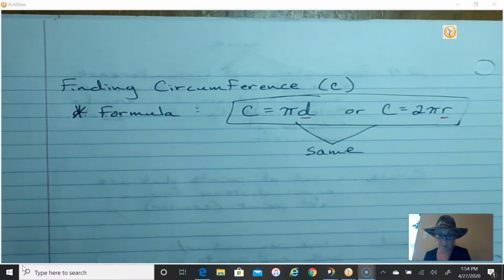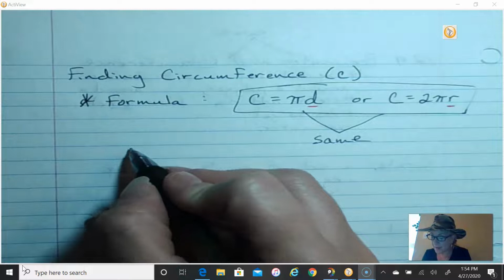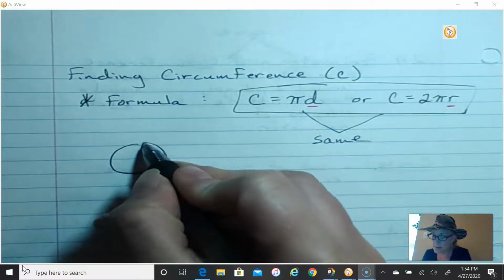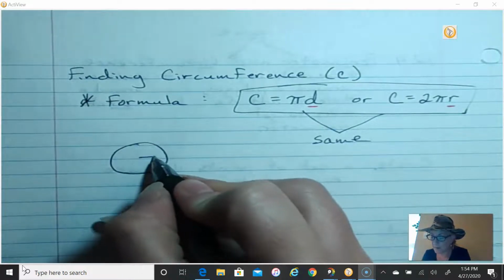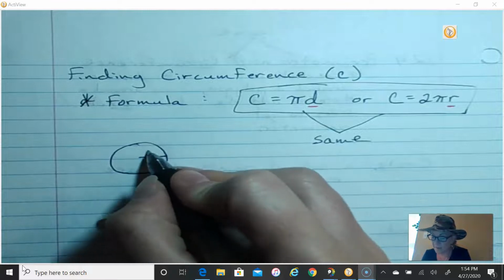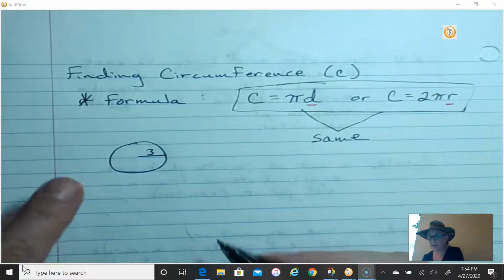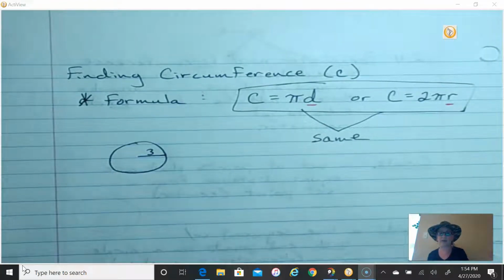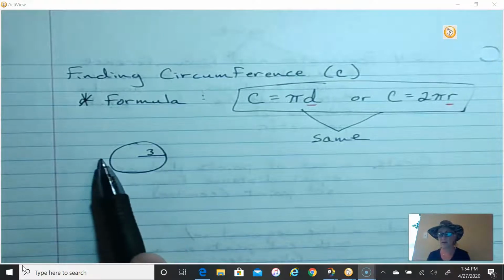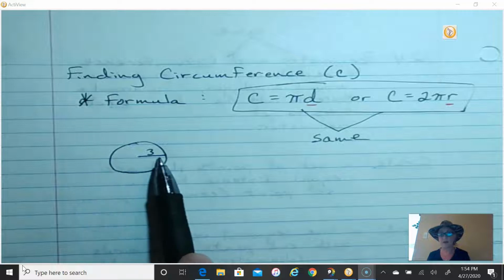So, for example, let's say I have a circle and the radius is 3. Notice that's a radius. You should be able to just look at that and know that's the radius and not the diameter. Remember, diameter goes all the way across. Radius only goes halfway.